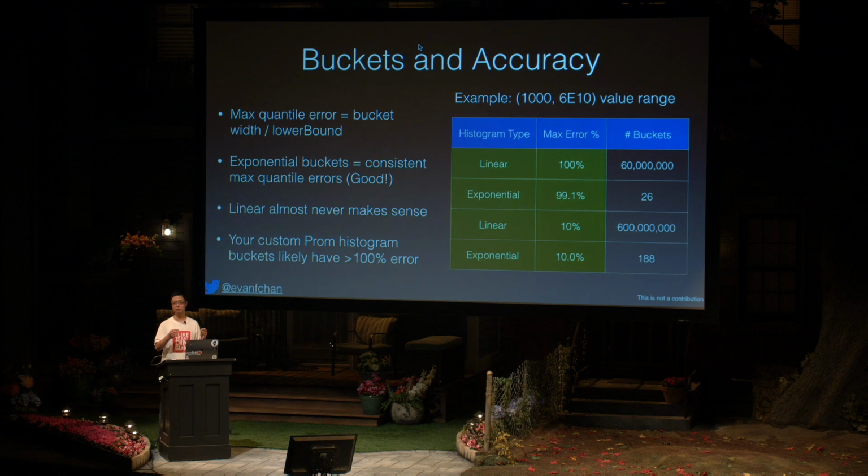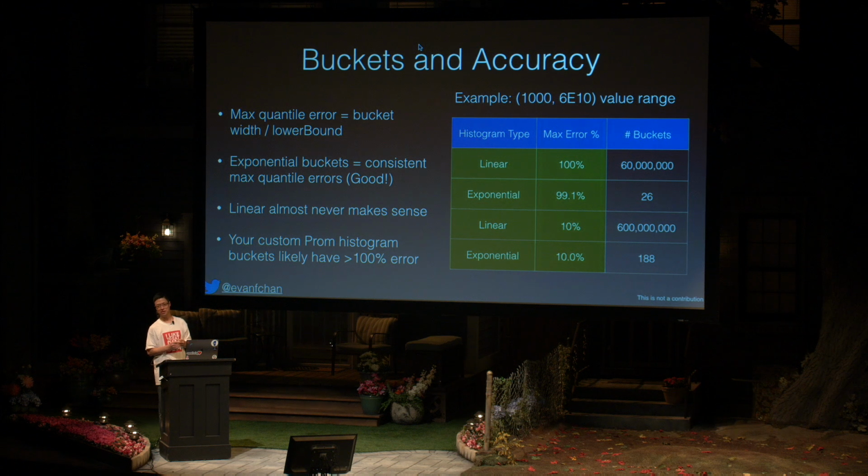If you measure nanoseconds, this is basically measuring a latency from 1 microsecond up to 60 seconds, right? And what I did is I calculated this error percentage and the number of buckets you would need to support that for 2 different maximum error percentages.